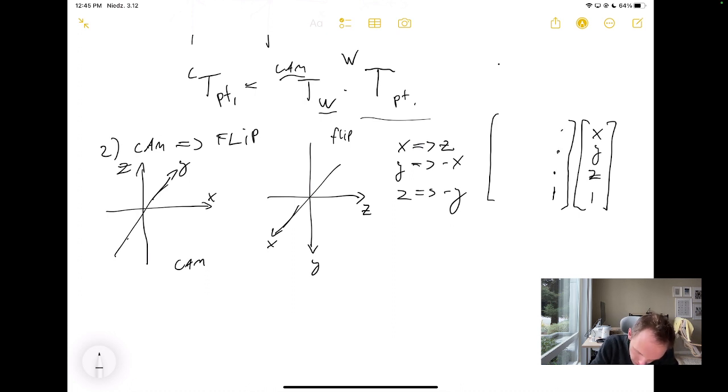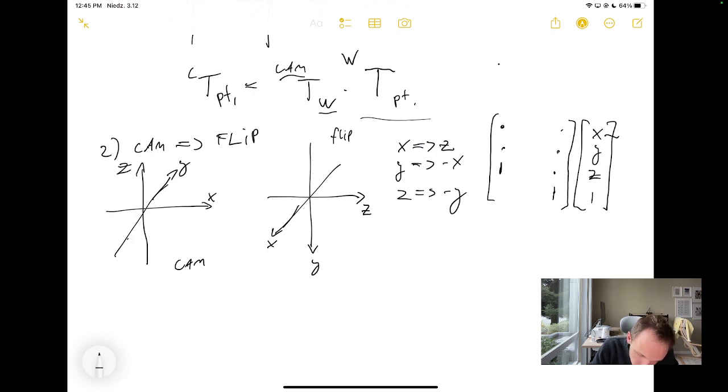So I want x to map to z, so here this has to be 1, right, and then x maps to nothing else, so just 0 and 0.